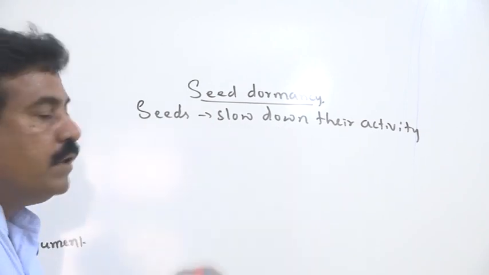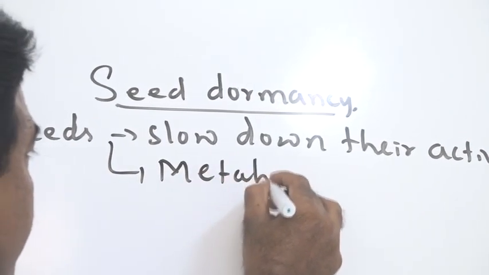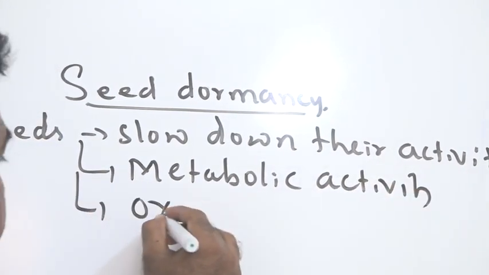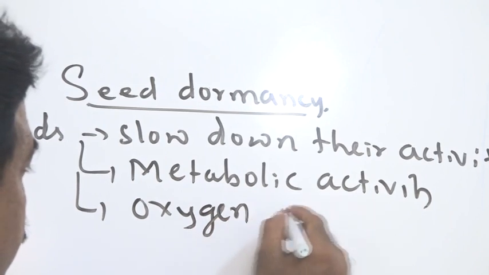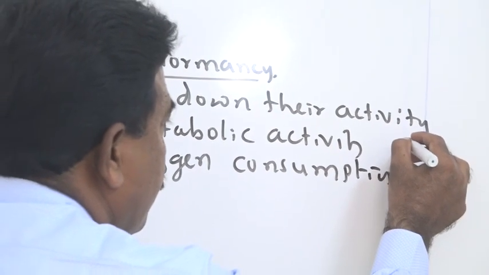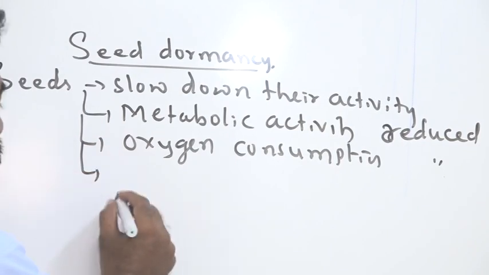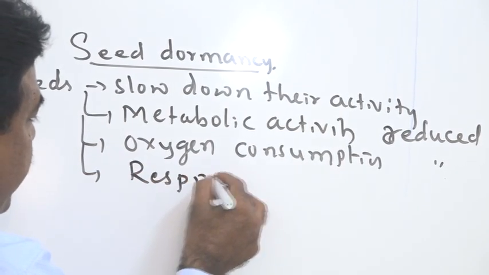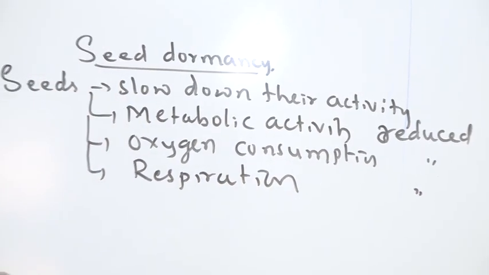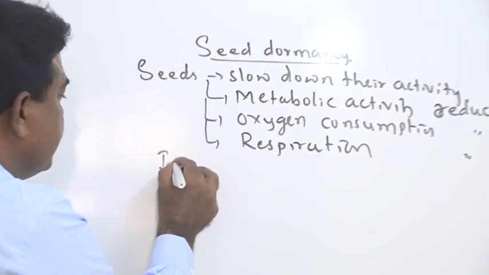Seeds slow down their activity, meaning the metabolic activity is reduced, oxygen consumption is reduced, and the rate of respiration is reduced.